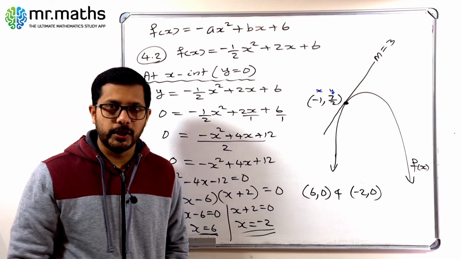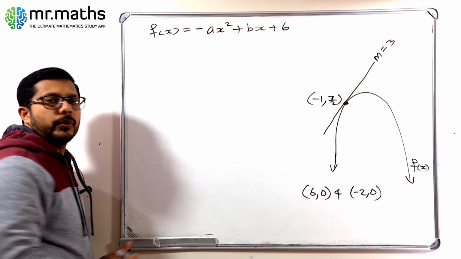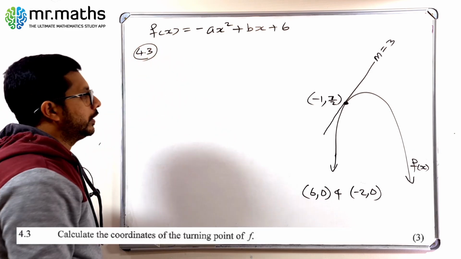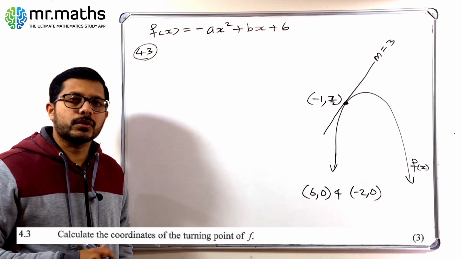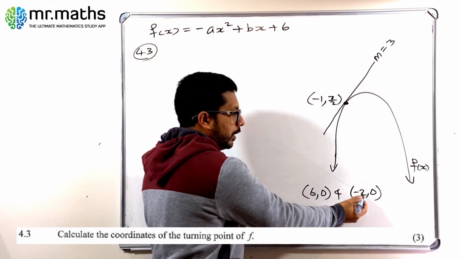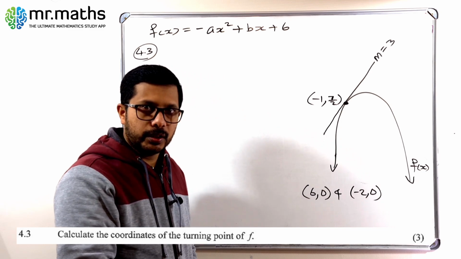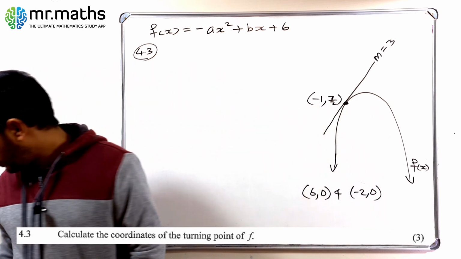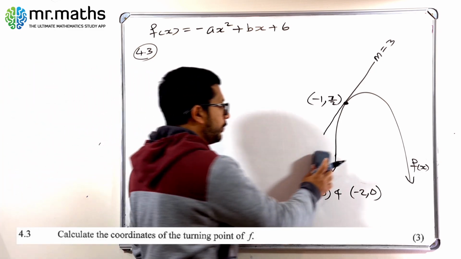Let's go to question number 4.3. On the previous question 4.2, we already got the x-intercepts, am I right? And we know the shape of the graph is like this. Let me try to draw that graph once more.